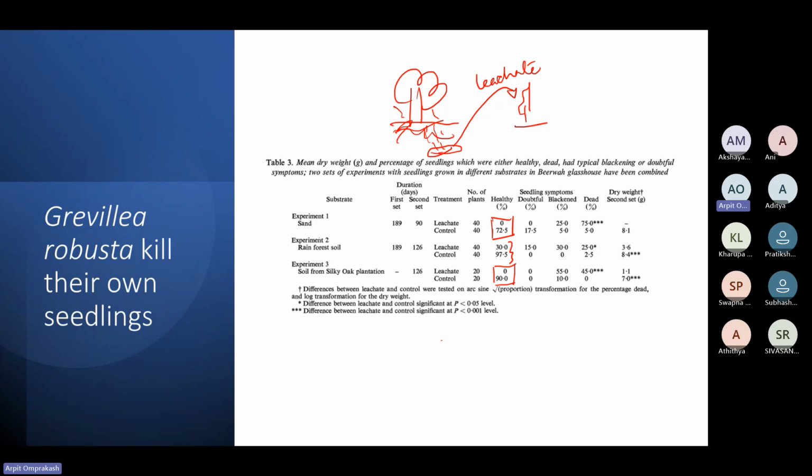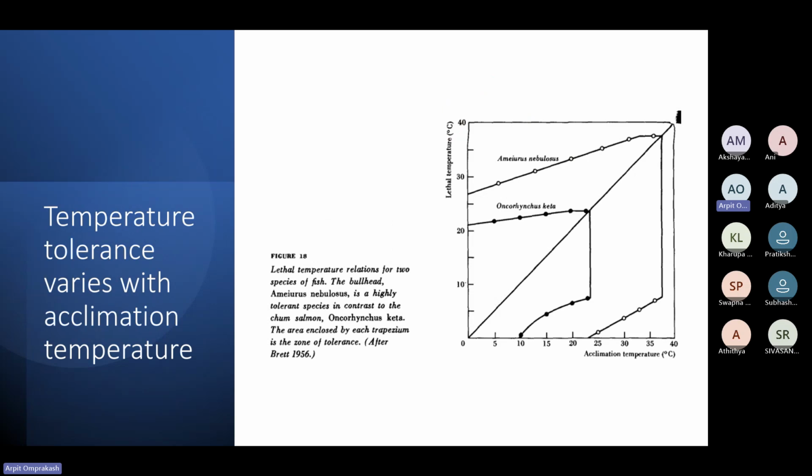But the rainforest soil, due to the presence of microbes, can moderate or modulate the effect of the push factor so that it's not as effective anymore and some plants can still grow.